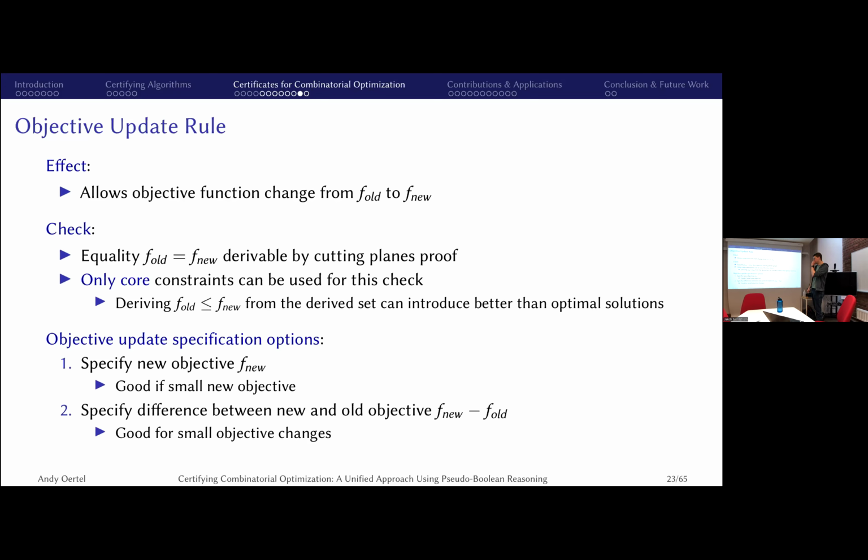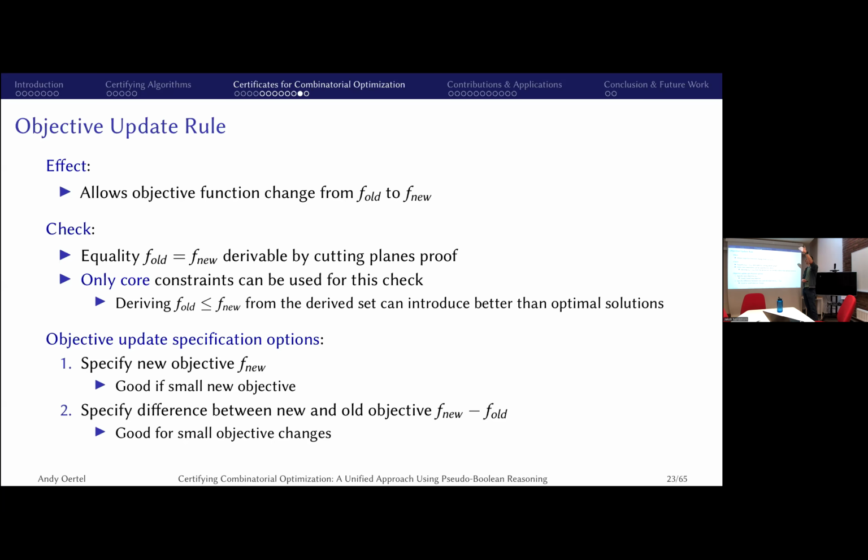And then, thinking about how to specify this objective change, there are two ways we can do it. The first, simple way is that we just specify the new objective by writing down the new objective. And this is good if the new objective is small, because then we don't change a lot, so writing it down doesn't take up a lot of space.